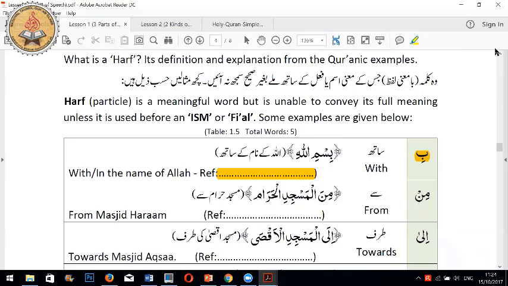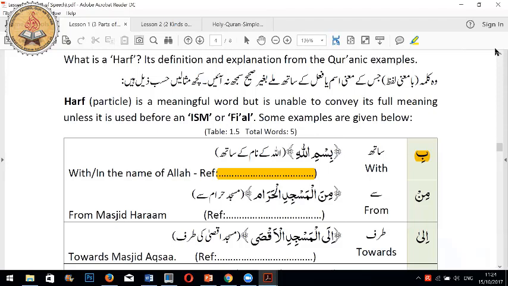Just read the first few verses, first page, and find out in what context Minal Masjid al-Haram has been used, what is the story behind it, and note down in your notebook the reference, Minal Masjid al-Haram, what the translation is, and a brief introduction in your mind.